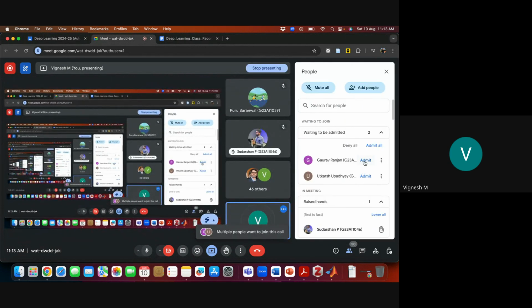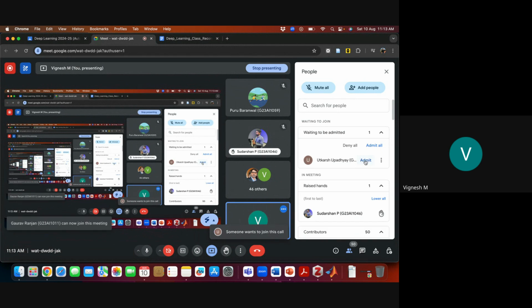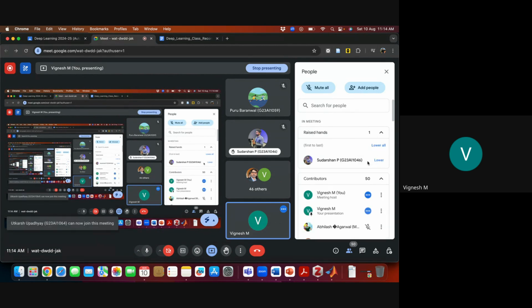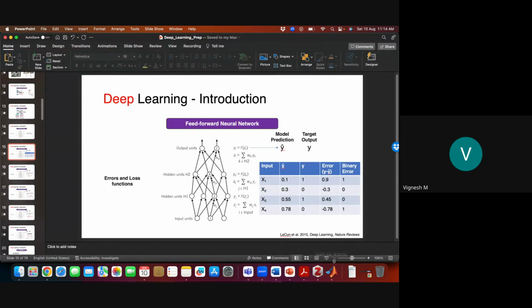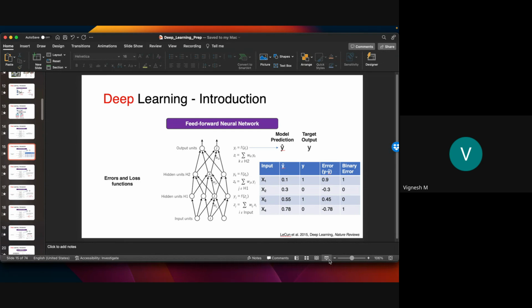Okay, so these two are IITJ IDs. Okay. Yeah, so I think I added them. If you want to be added to the class, let me know. Please send me an email, because then it becomes very disruptive in the middle.